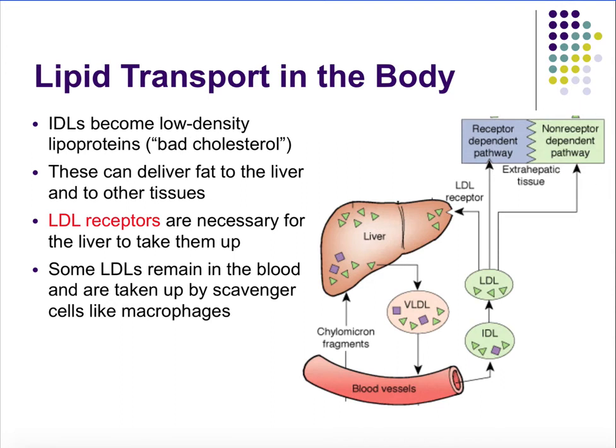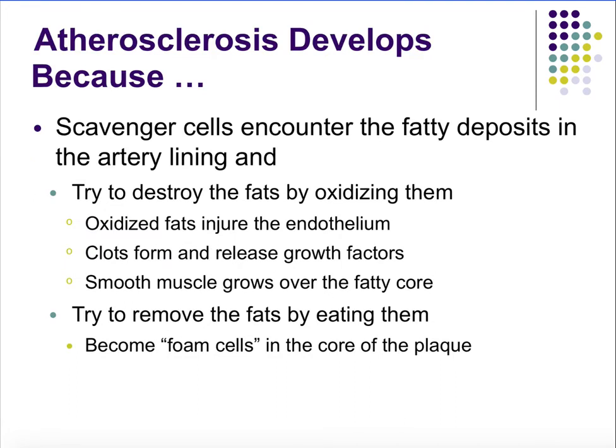Essentially, these are ways for our LDL levels in the blood to reduce. But if you have a lot, some LDL will remain in the blood. This is where scavenger cells can start to come and interact and take them up and start to cause an issue, especially if, again, the lipids get into the lining of our blood vessel wall.